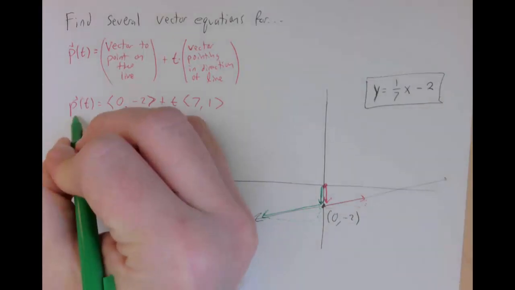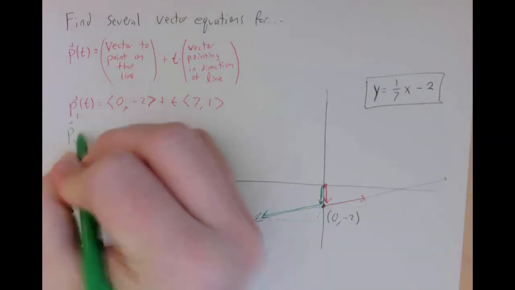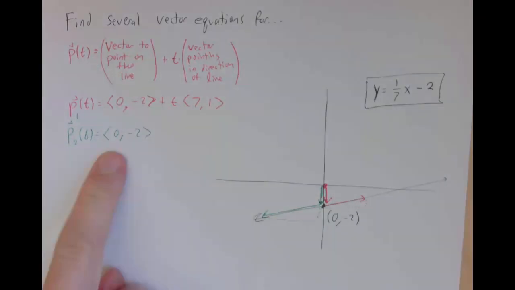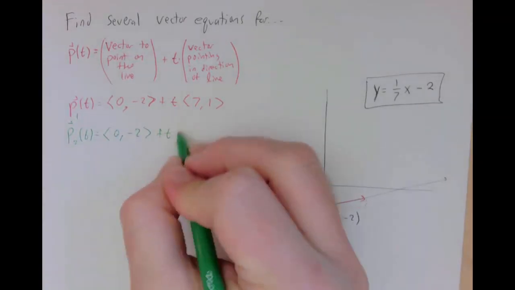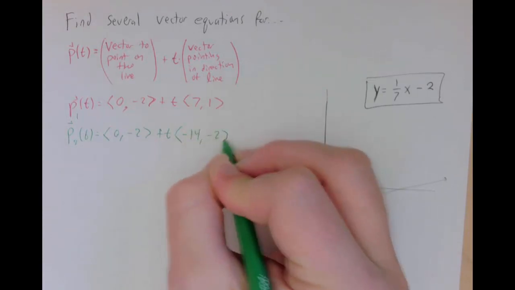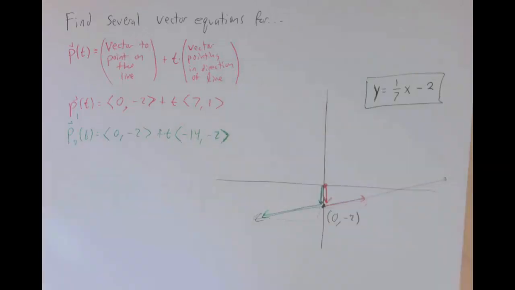So an equivalent vector here would be 0, -2 as my starting place, and then t times -14, -2. And the reason they're equivalent is because depending on what t is, it's still possible to have this vector sum point to every single place on the line.